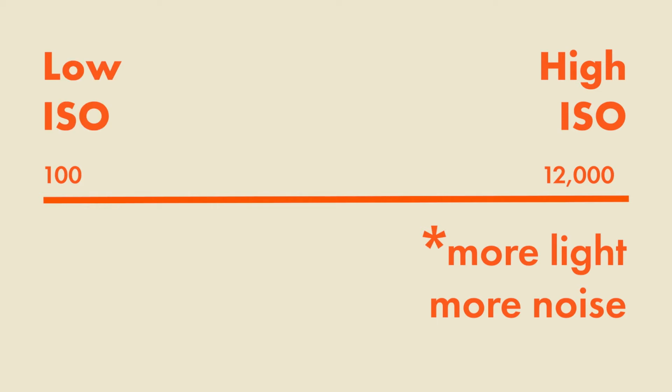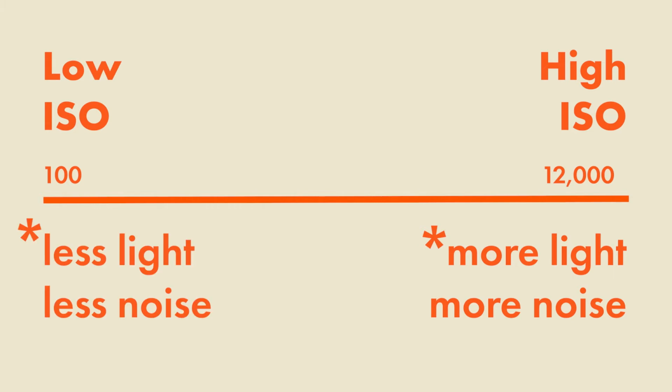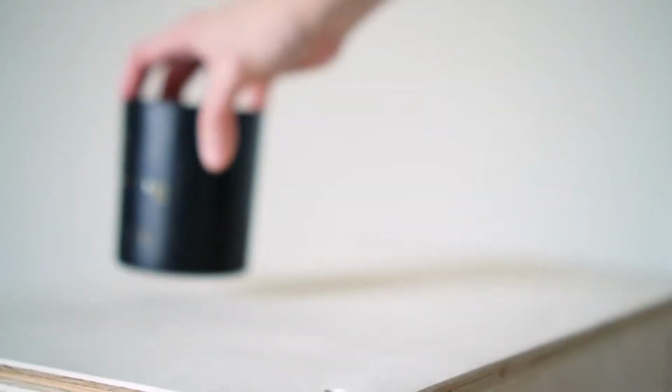The lower your ISO in your image, the less light you have, but you also have less grain and noise. Now you know all of this is theoretical, so let's jump into some concrete examples so this starts to make sense.